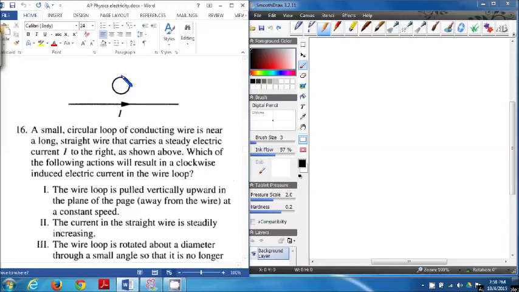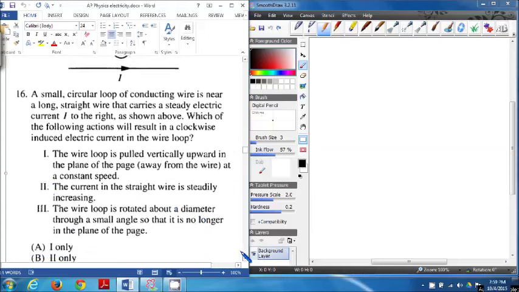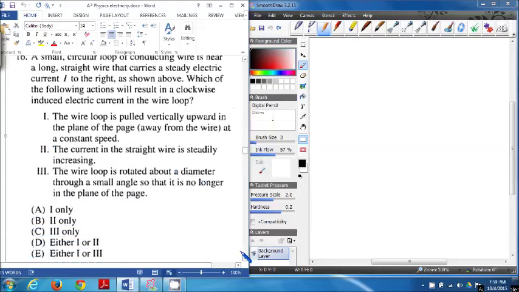So that will create current in the clockwise direction in the circular loop. So yeah, the current in the straight wire is steadily increasing. So that is the answer. So the answer is 2 only. That is B.